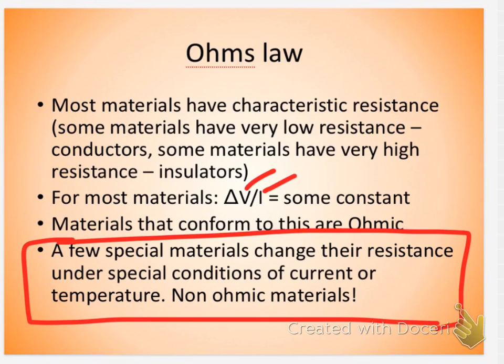You're sitting on one or sitting in front of one. Computer chips are made of a semiconducting material called silicon, largely, and semiconductors change their behavior based on conditions of temperature or current, and those are called non-ohmic. So they do not have a straight linear relationship with a constant resistance.